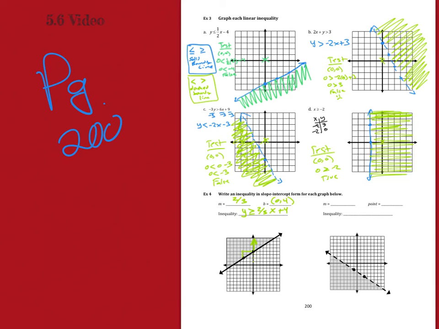All right, finally in the second problem here, we have a dashed line, but we're going to use point slope form. Okay, so let's do a slope here of negative 2 over 3, so -2/3. And my point, I'm going to pick this one here, which is 2, comma, -4.